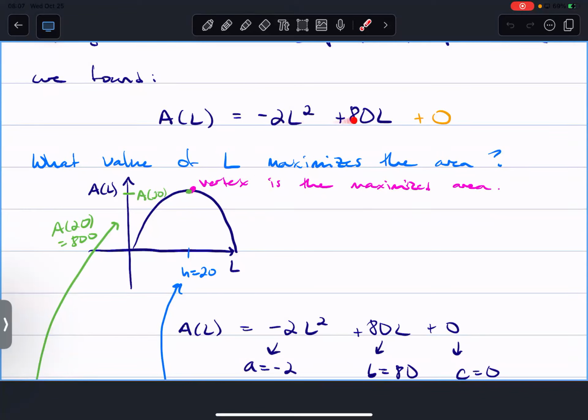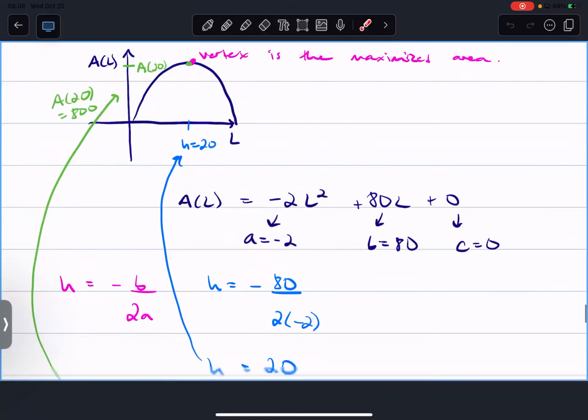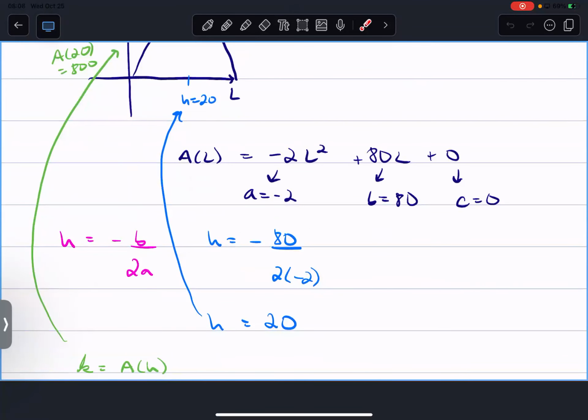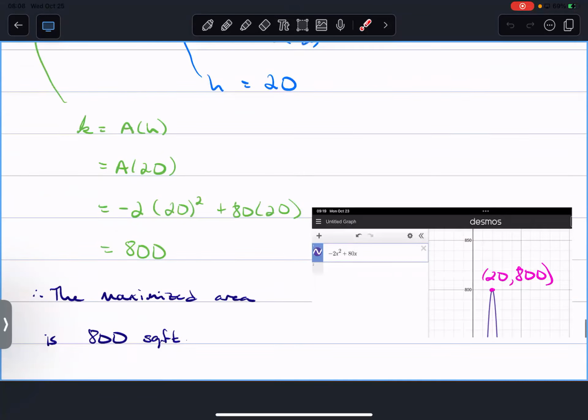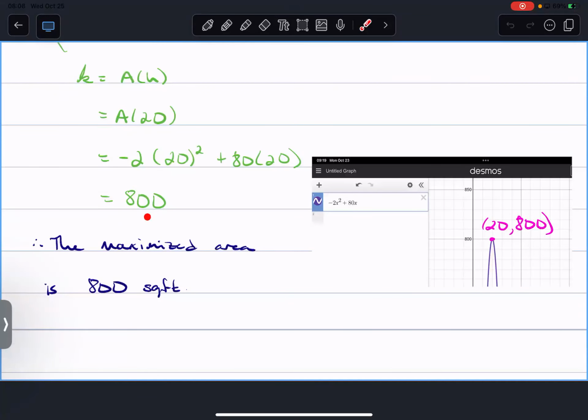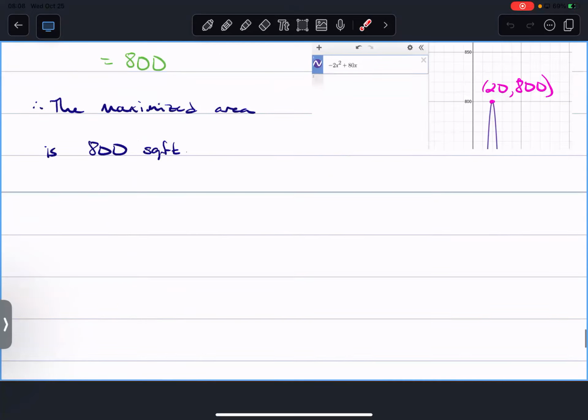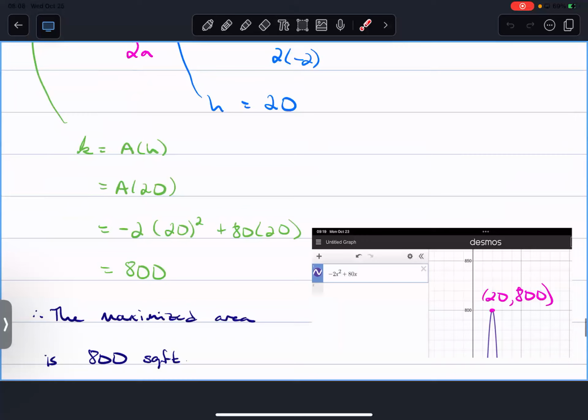Well, if we plot this, it would look something like this, and then we're looking for the vertex. And then we were able to just grab a, b, and c and find the output when it's maximized was 800 square feet. And that's where we ended off. Okay.